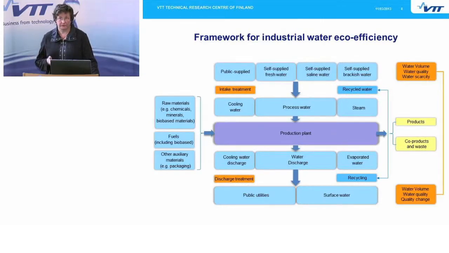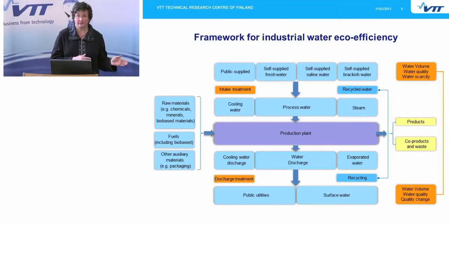On the left, there are also fuels, materials, chemicals coming in, and that means that you have to take the value chain approach again. You have to know what is there before your production phase. And of course, there is some water coming in along with those chemicals probably.